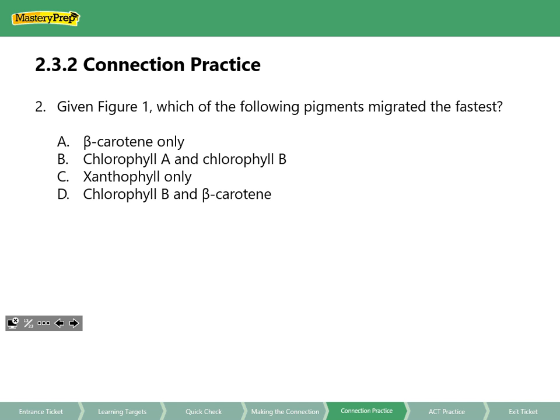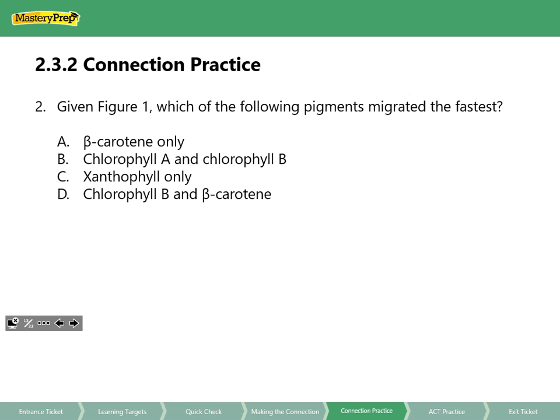Given figure 1, which of the following pigments migrated the fastest? Well, plant pigments can be separated using a technique called chromatography. And also, the RF value is directly proportional to the speed of migration for varying pigments.